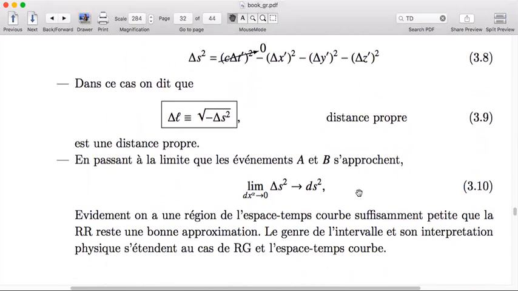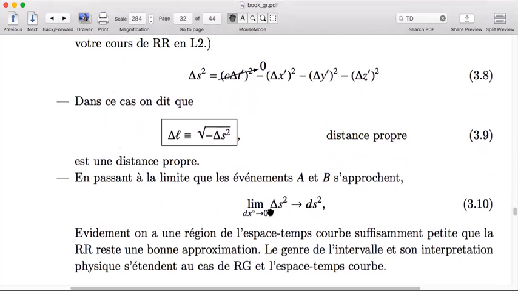Okay, so everything I've said in the last few minutes has been about this finite delta S, right? I did that to return to something familiar from last year and special relativity. But now I want to make the connection with what we're treating this year, which is the ds.